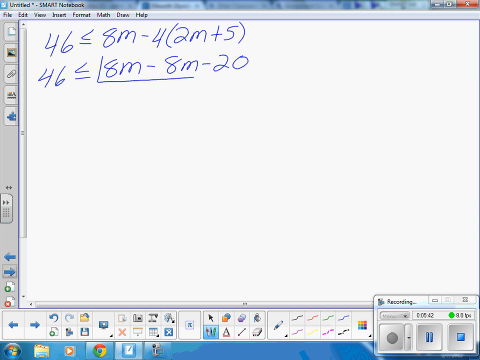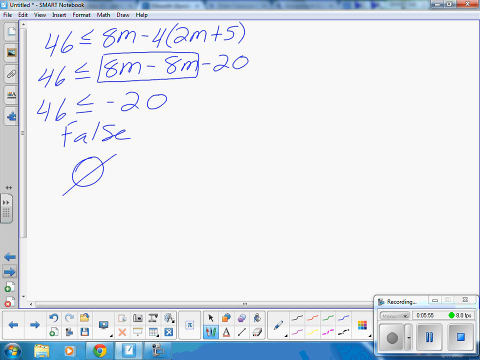The 8m minus 8m is 0, so I have 46 is less than or equal to a negative 20. That is false, so that means our answer is empty set. Go ahead.